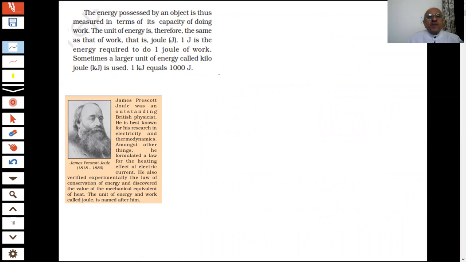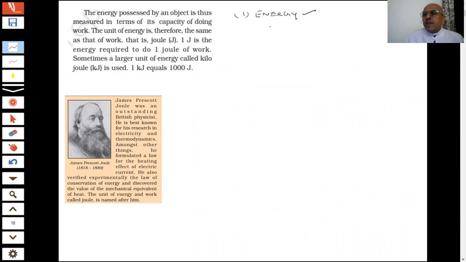Therefore, students, energy possessed by an object is measured in terms of the capacity of doing the work. The unit of energy is the same as that of the work, joule. So, joule is the energy required to do 1 joule of work. And if you need a larger unit, we call it kilojoules. Okay? Now it is clear. The definition of energy is clear, students.